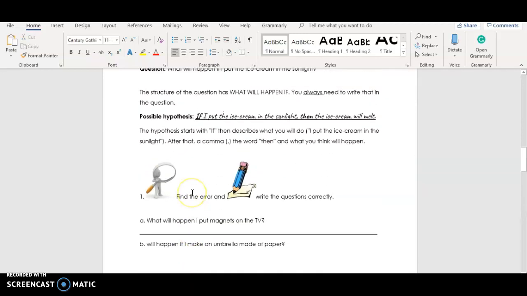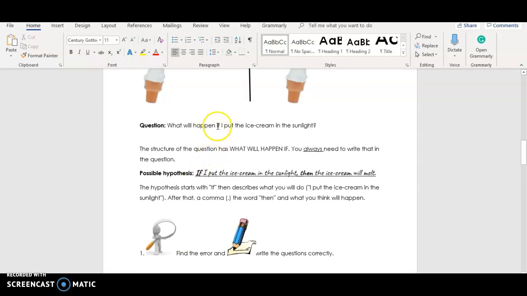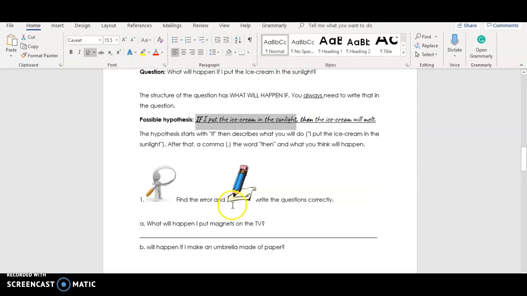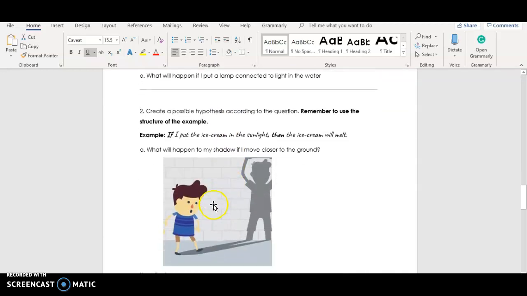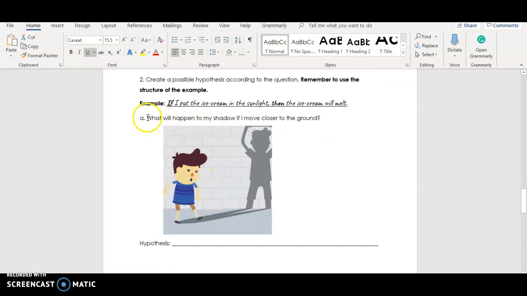Remember to use a part of the question like I did in my example. If I put the ice cream in the sunlight. So what is the part that you need to put from the question in the hypothesis?